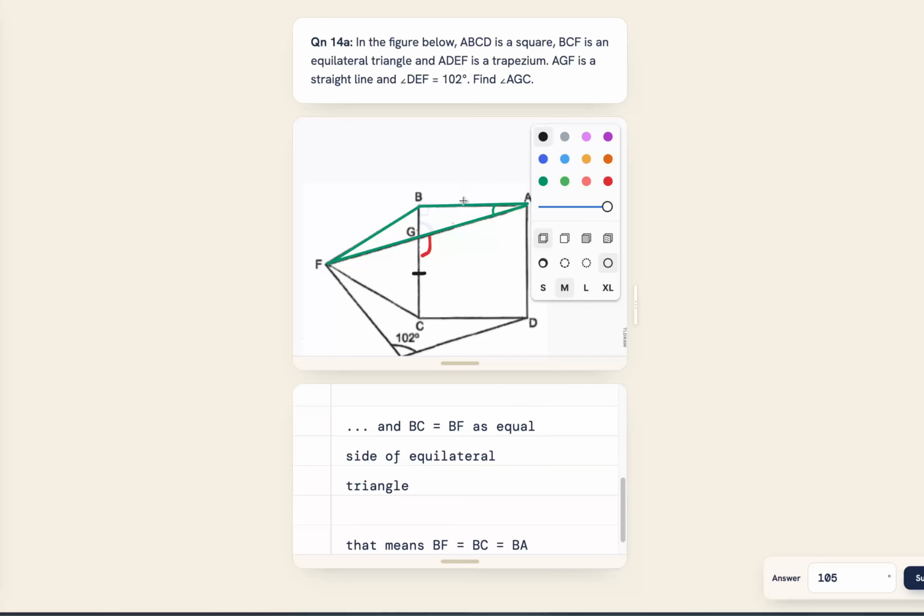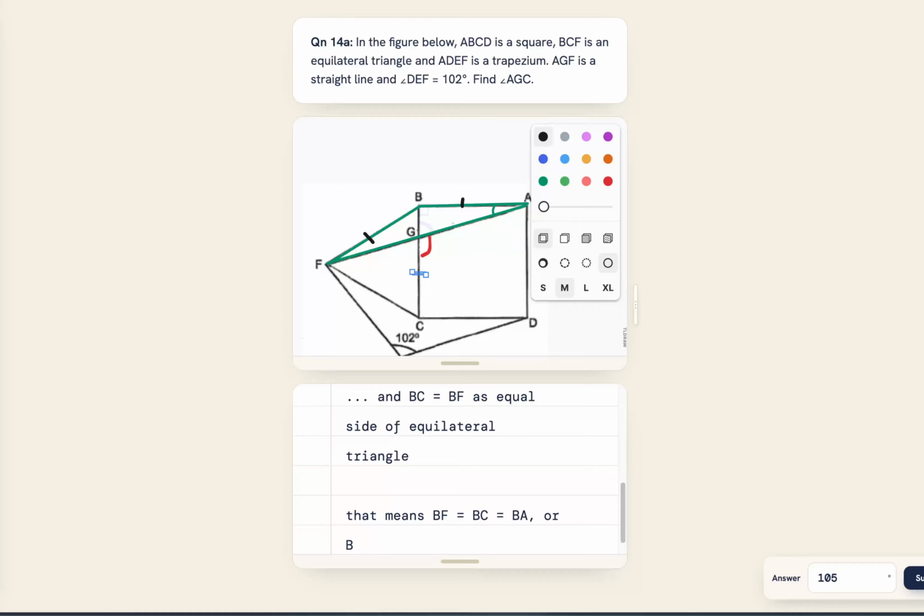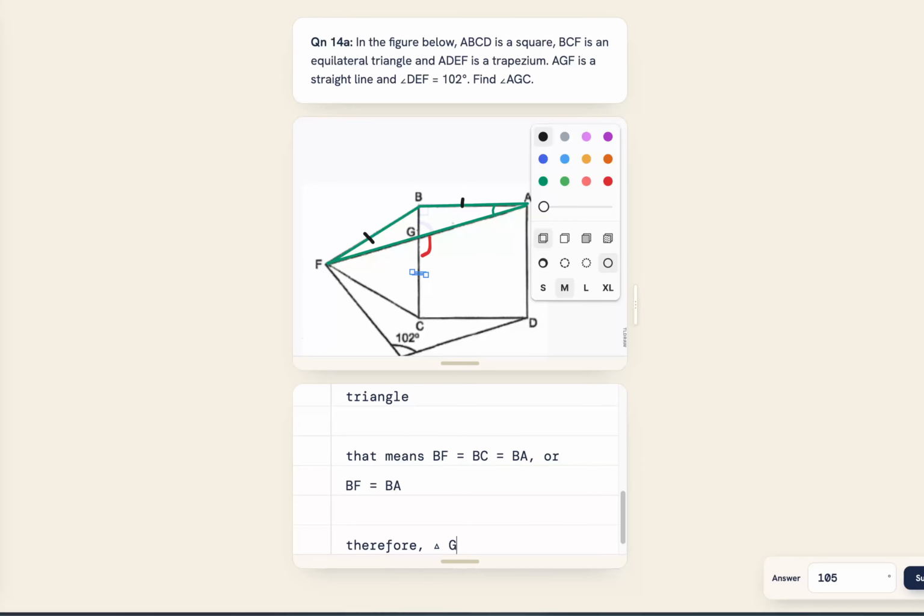So BF is equal to BA, and therefore triangle BFA is an isosceles triangle.